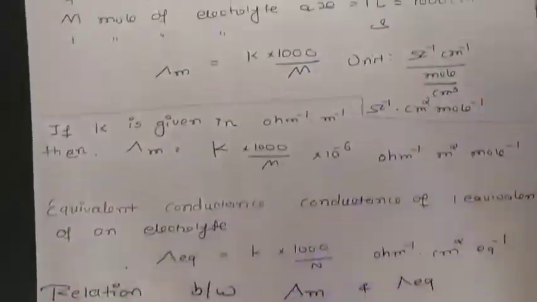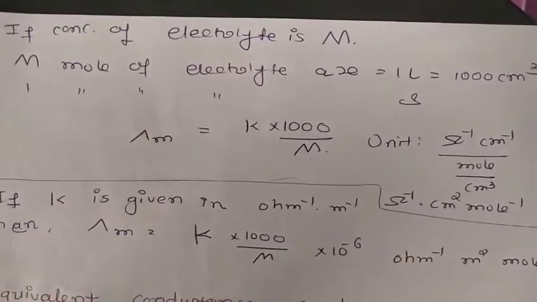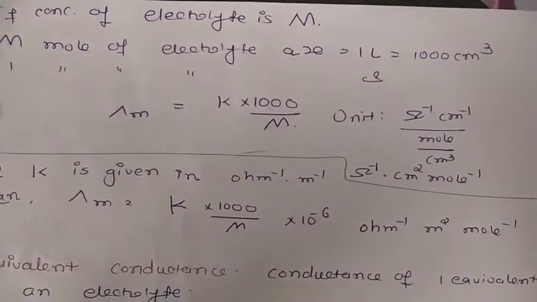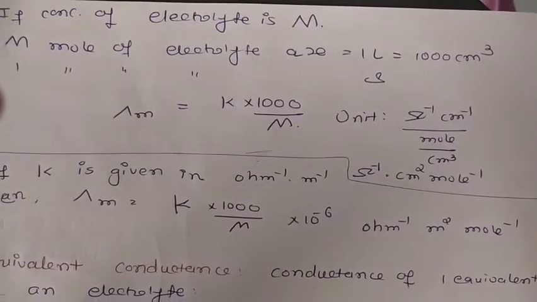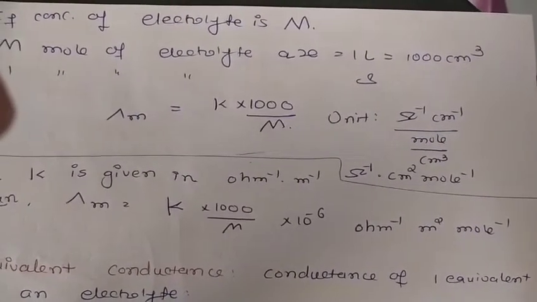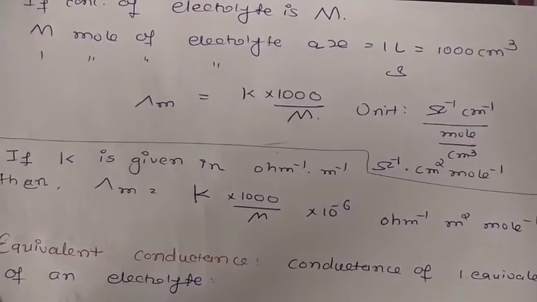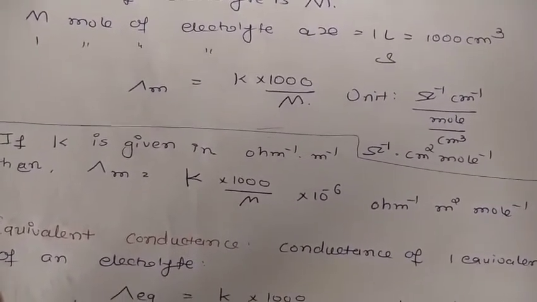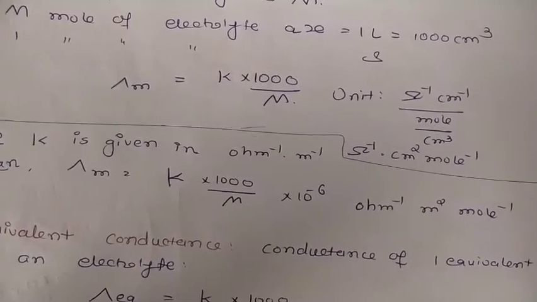If the concentration of the electrolyte is M, then M mole of electrolyte is in 1 liter volume, meaning 1000 centimeter cube. So for 1 mole of electrolyte, lambda m is equal to K multiplied by 1000 upon M.